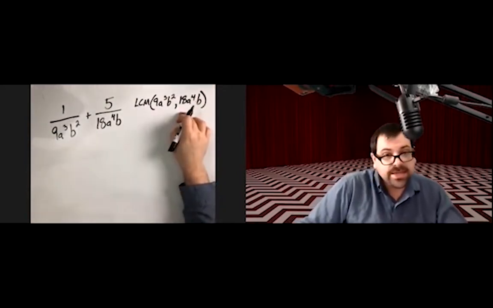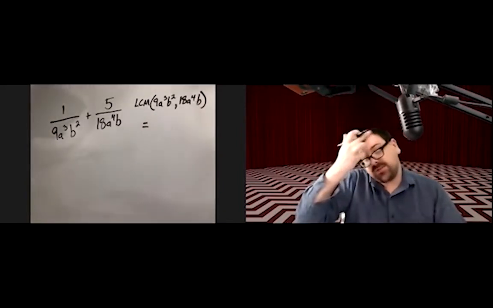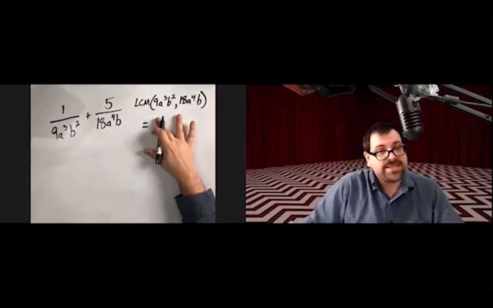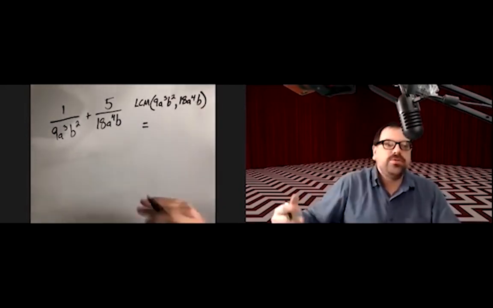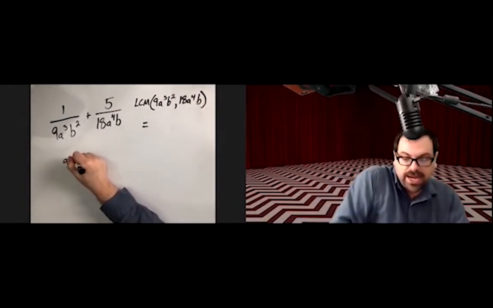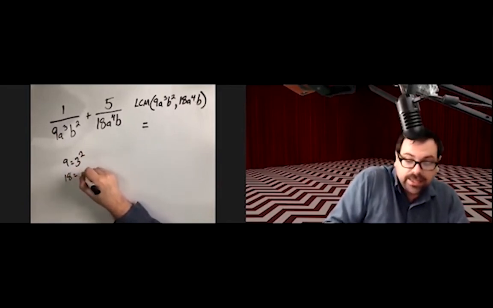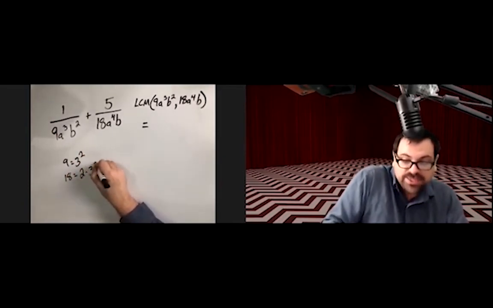Well, 9 and 18, let's do prime factorizations. If you see it's going to be 18, that's great. I just want to keep using the rule consistently throughout. 9 is 3 squared. 18 is 2 times 3 squared.